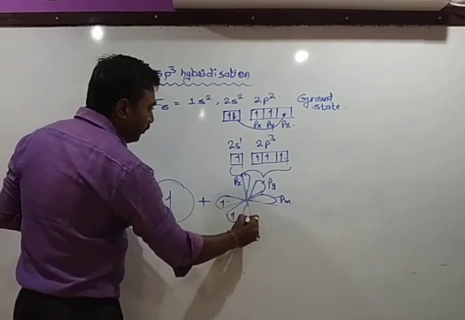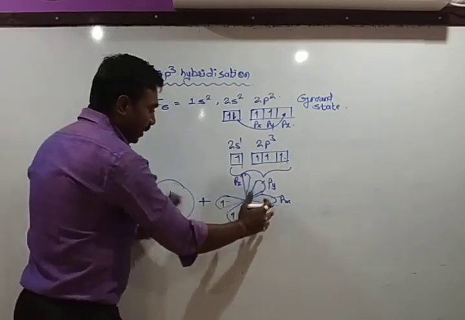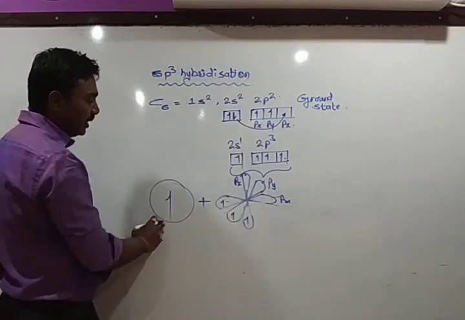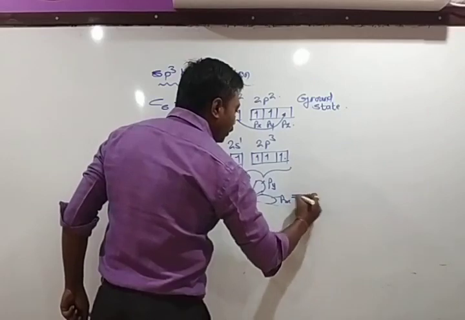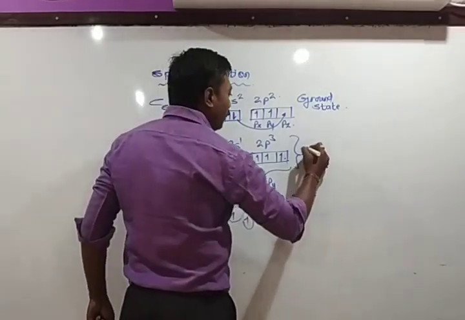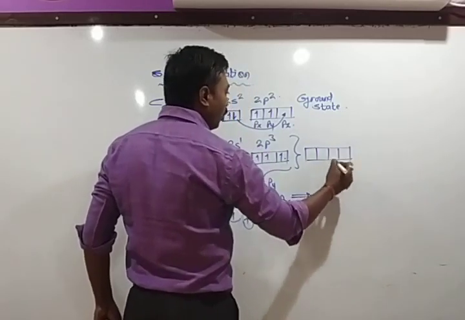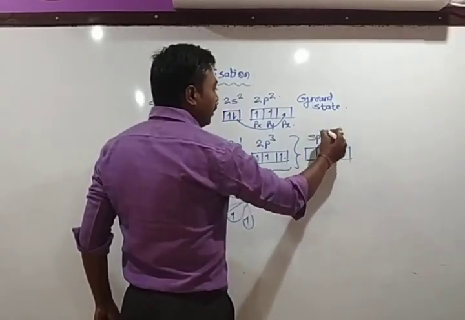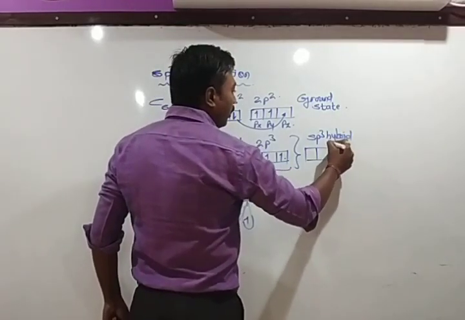These three orbitals each contain one electron. Now the 1s and 3p orbitals mix together to produce four newly formed orbitals, and these are known as sp3 hybrid orbitals.